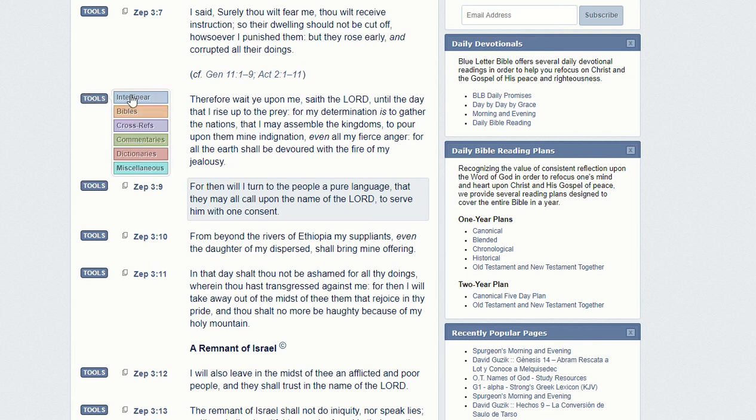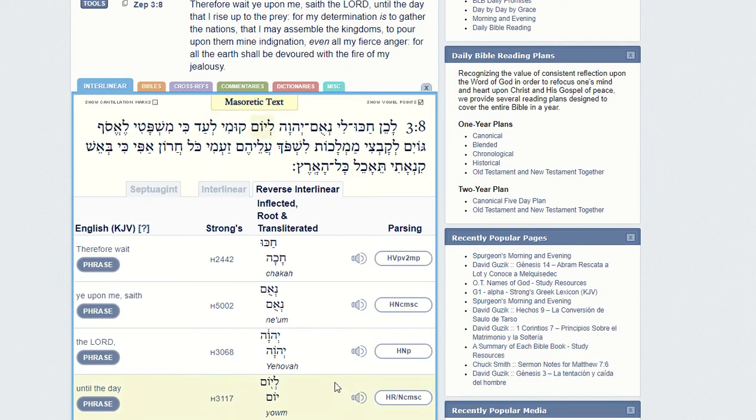Still, it's a pretty cool verse, because if you go to the interlinear, just before the prophecy of returning the people to a pure language, in Zephaniah 3:8, every single Hebrew letter shows up, including the final forms. It's kind of like the quick brown fox jumped over the lazy dog: every single letter of the alphabet is right here in this verse.